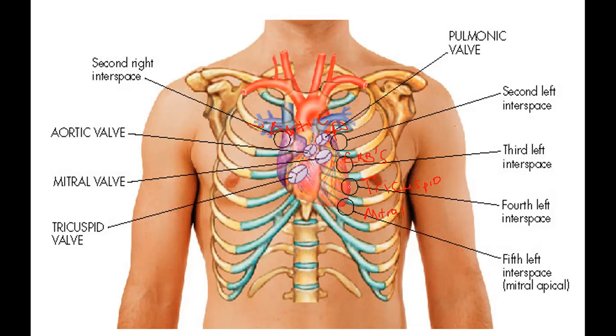So we are able to get sounds from the tricuspid valve more clearly in the tricuspid area. Then we have the mitral area, which is the fifth intercostal space, often in the mid-clavicular line. You are able to pick it in the fifth intercostal space, mid-clavicular line. That is your mitral area. This is where you get the apex beat from.